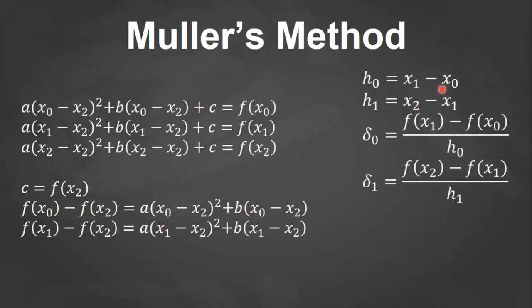Now, if you use these to solve, then after some algebraic manipulation, this will give you this expression for A and for B. So that means we can now solve for A, B, and C, the coefficients of your parabola. Once we have solved the coefficients of the parabola, that is the first step, then the second step is to find its x-intercept.